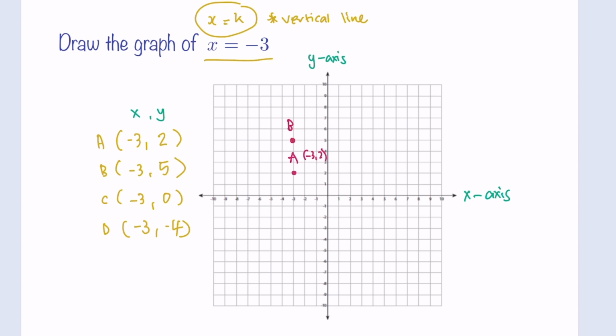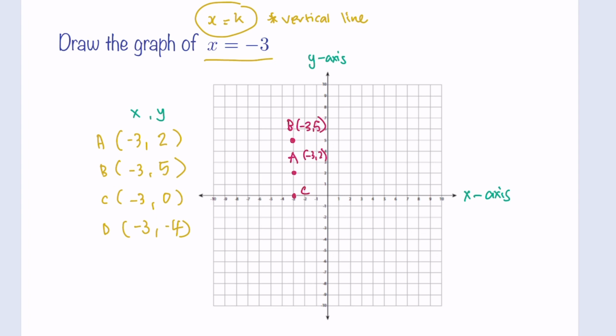So this is my point B, and it has the coordinates -3 and 5. Next point, I have C. It has the x coordinate of -3 and y is 0. So starting at the origin, -3 along the x and 0 as my y, so it means I have to stay. And so this point here is point C.